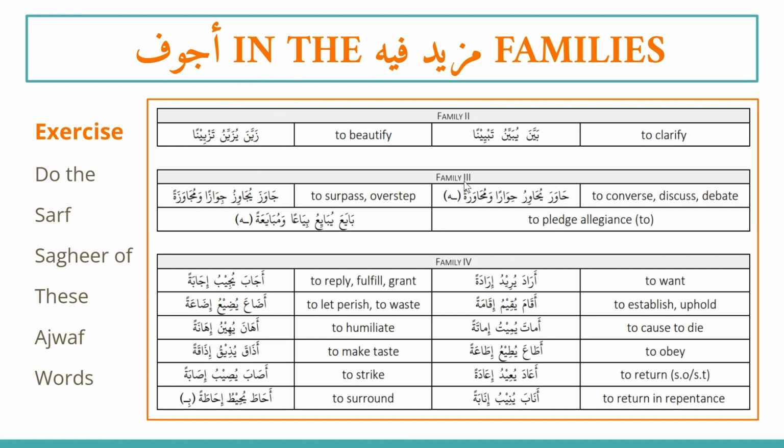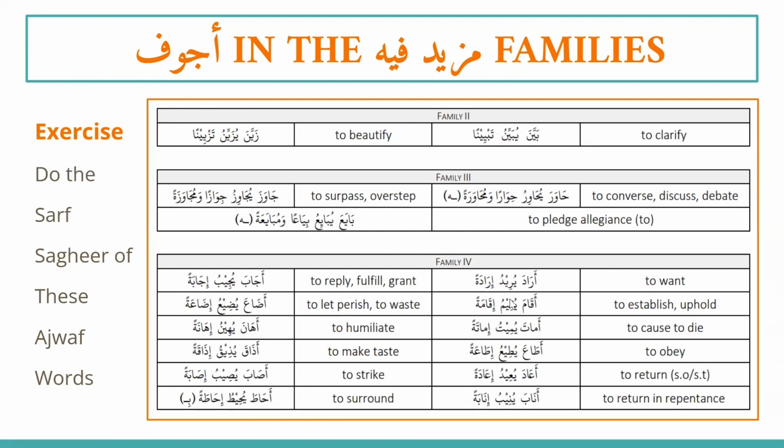Family 3 also has no irregularity, just the regular changes. Hawara, yuhawiru, hiwaran, wa muhawaratan. The same way, jawaza, yujawizu, jiwazan, wa mujawazatan. So no irregularity in family 2, 3.